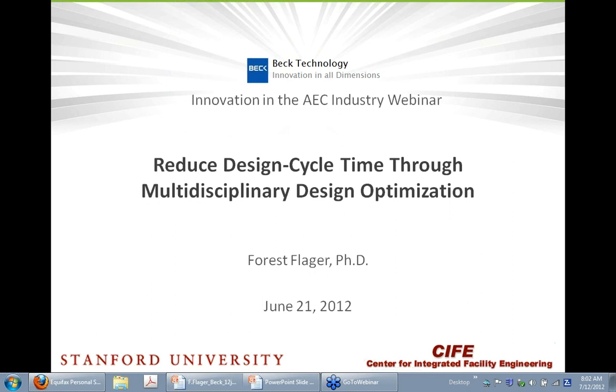The basic idea behind this is allowing the design team and the project stakeholders to specify a range of design options that they're interested in, and then using computational techniques to help search through that range to sort of present performance trade-offs and allow the team to hopefully make more informed decisions.